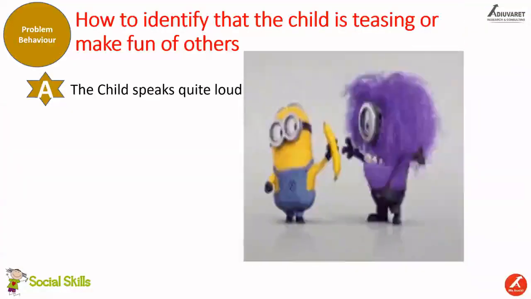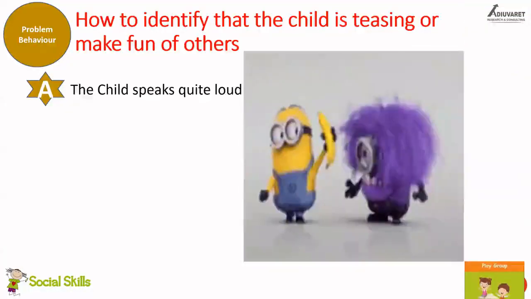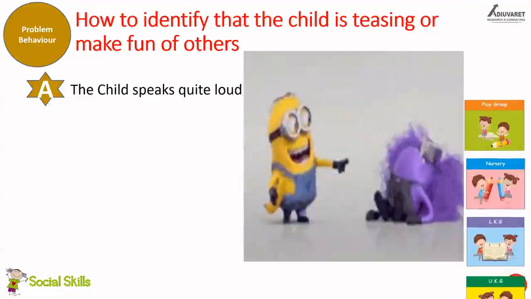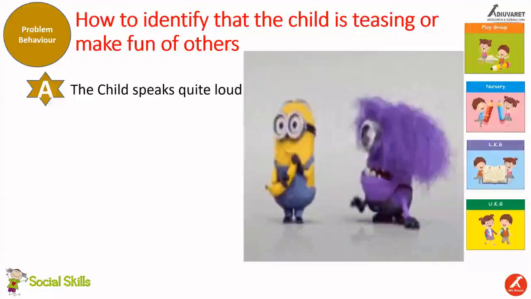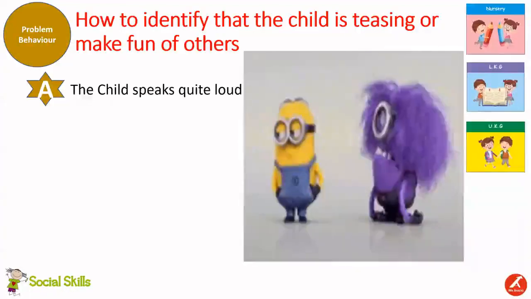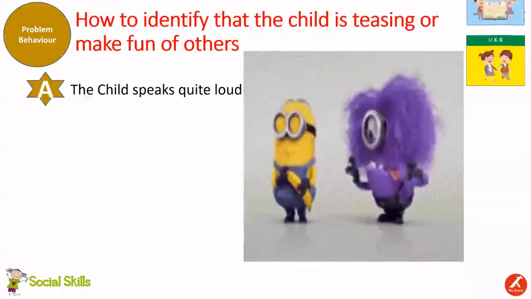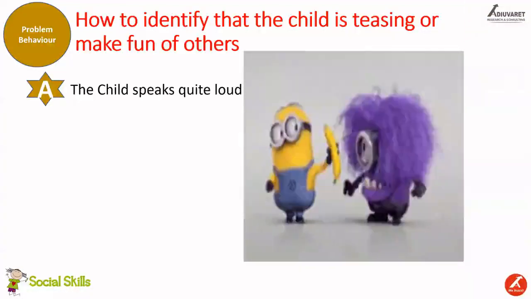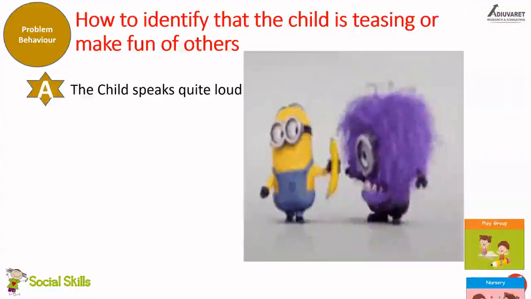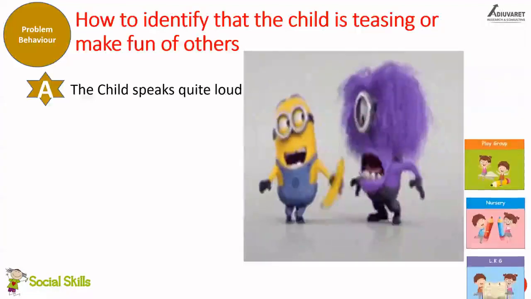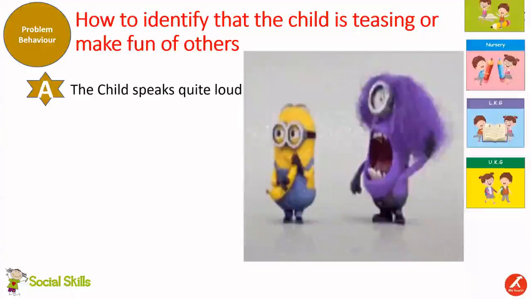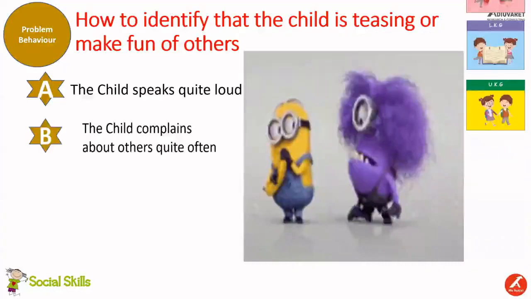Research has shown that if a child talks in a very irritating and loud voice, that child may develop such problematic behavior. So look out for this. If a child speaks loud, then check with other stakeholders like teachers and neighbors whether the child is teasing others or not.